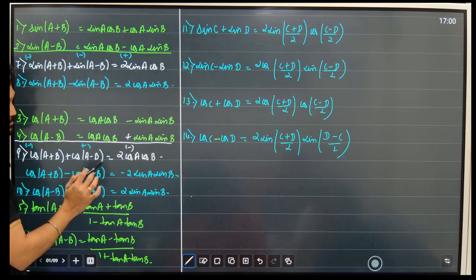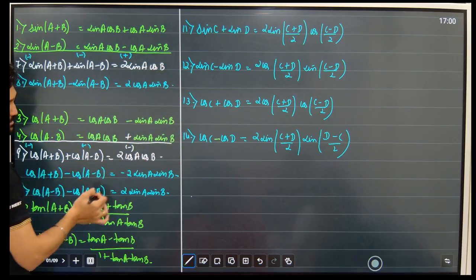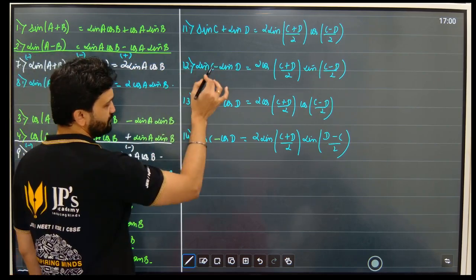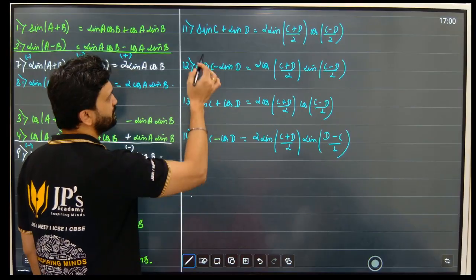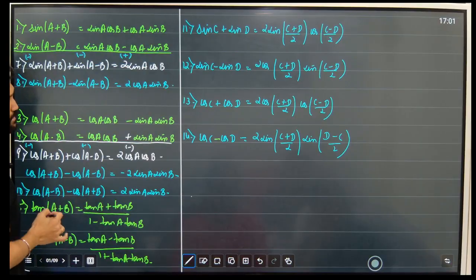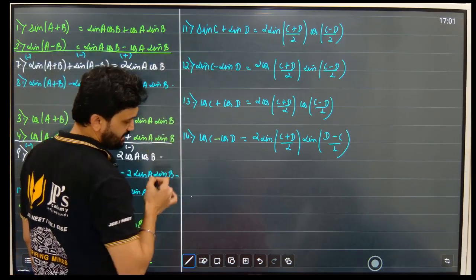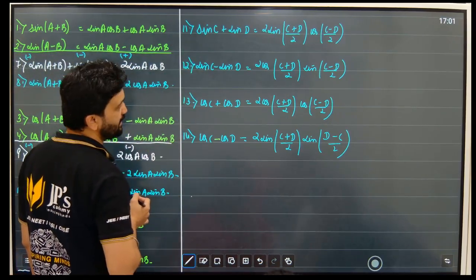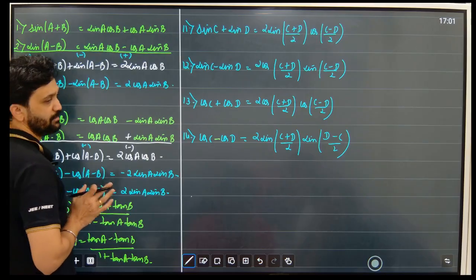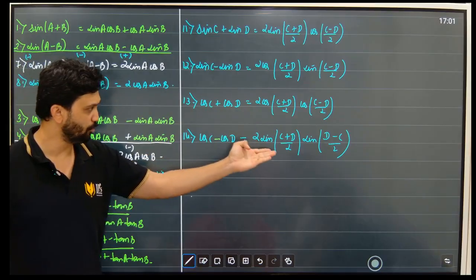Now, how do we approach this? These are formula number 11, 12, 13, and 14. We need to understand that these are the kind of sums. We just need to figure out when we are supposed to use sin C plus sin D and when we are supposed to use sin(A+B). Sin(A+B) is sin A cos B plus cos A sin B, but sin C plus sin D is 2 sin((C+D)/2) cos((C−D)/2).